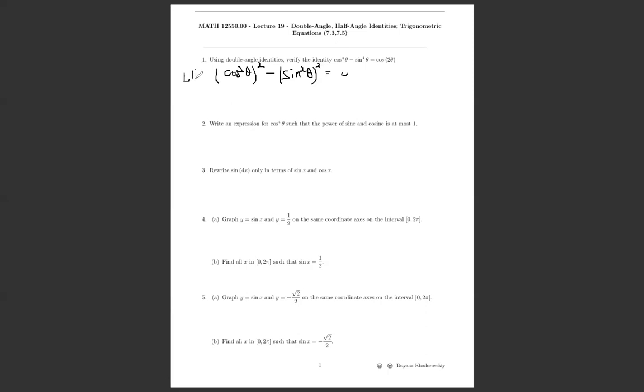Let's do only the left hand side first. This is a square minus b square, so basically it is equal to a minus b times a plus b.